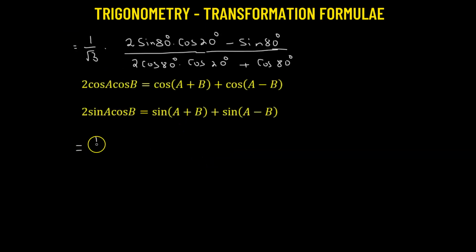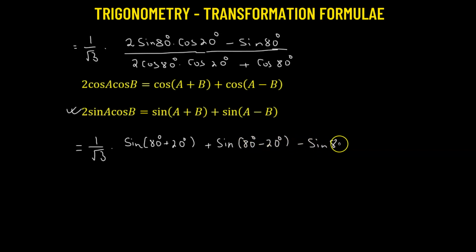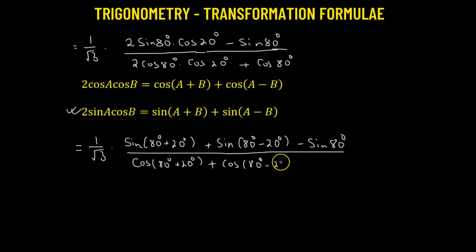So we'll now have 1 over square root of 3. So in place of 2 times sine 80 degrees times cosine 20 degrees, we can apply this formula. So we should get sine of 80 degrees plus 20 degrees plus sine of 80 degrees minus 20 degrees minus sine 80 degrees, whole divided by, so we have cosine of 80 degrees plus 20 degrees plus cosine of 80 degrees minus 20 degrees plus cosine of 80 degrees.